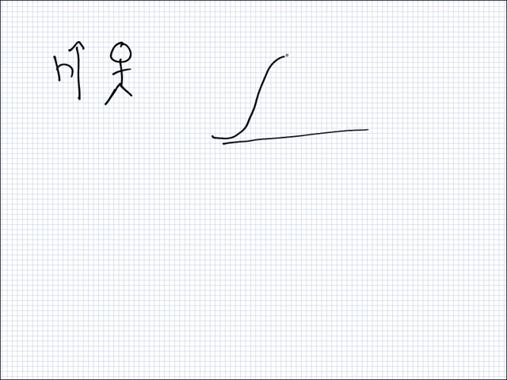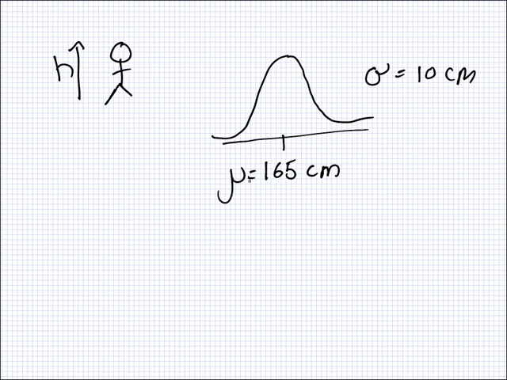So for example, maybe you just look at the height of the male students in a population. That would follow your normal distribution. I'm not sure, we'll just make up a number. We'll say the average is 165 centimeters, and the standard deviation is 10 centimeters. Now, I'll give you a chance to try it, because I think you might be able to get it.